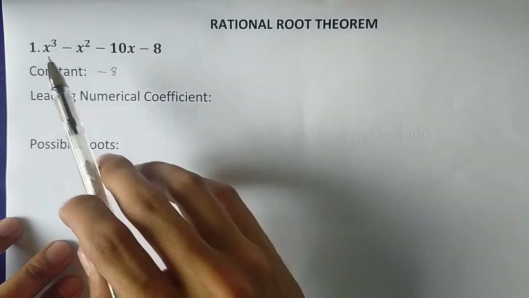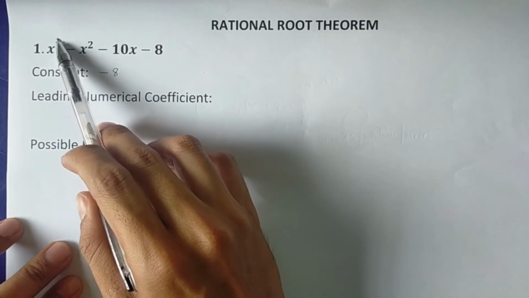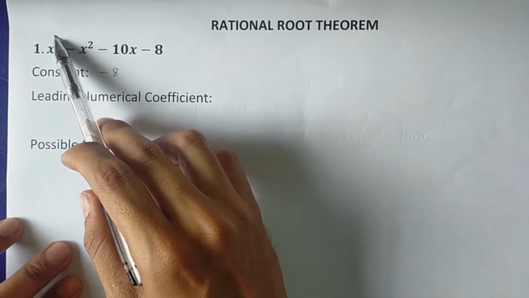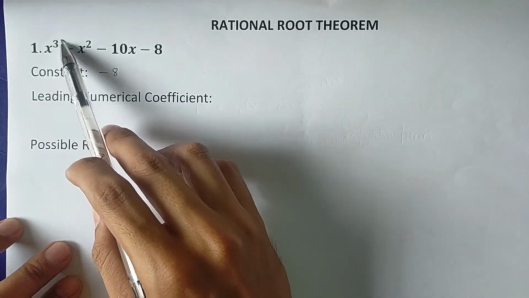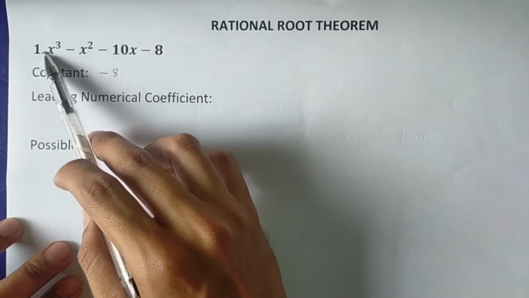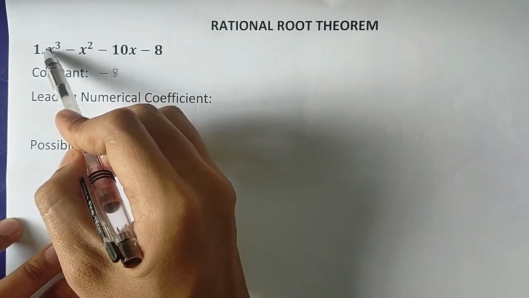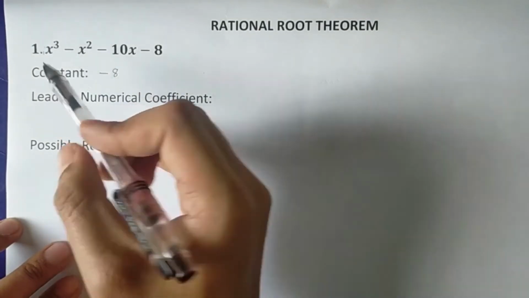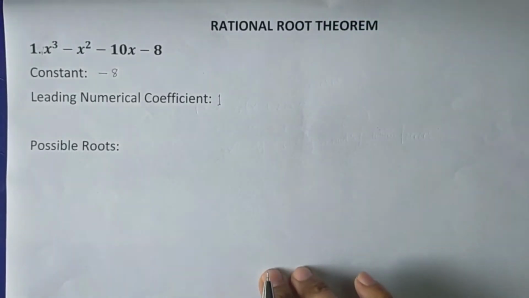The leading term here is x cubed. When we say leading term, it is the term with the highest exponent. The highest exponent here is 3. So this is now the leading term. What is the leading numerical coefficient? What is the number here? This is 1 or positive 1. So this is positive 1.